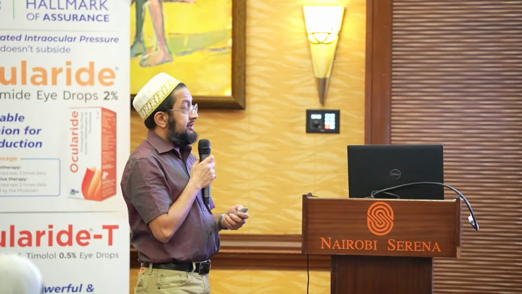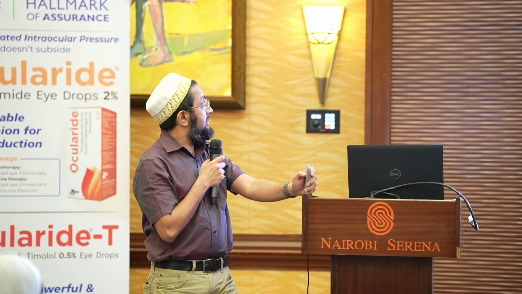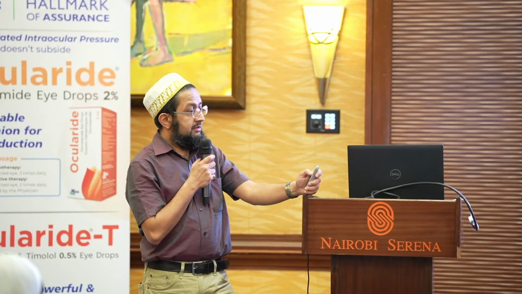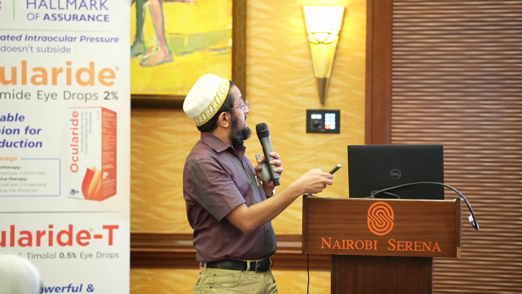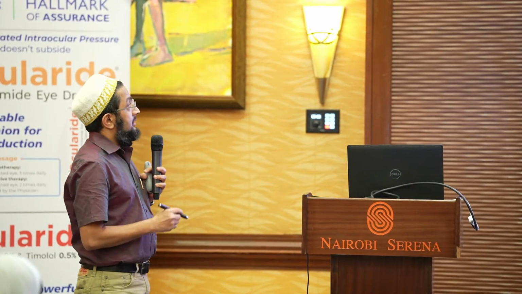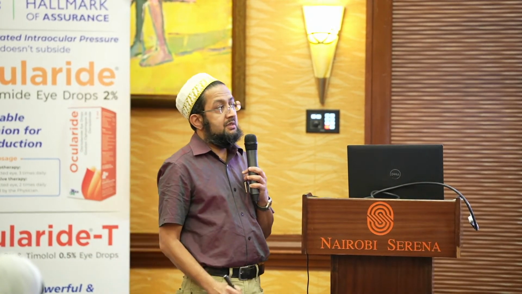Now we come to posterior uveitis, infective: toxoplasmosis, herpes, TB, syphilis, and fungus. Now, in this image, you can see this is a headlight in the fog image, classical of toxoplasmosis.